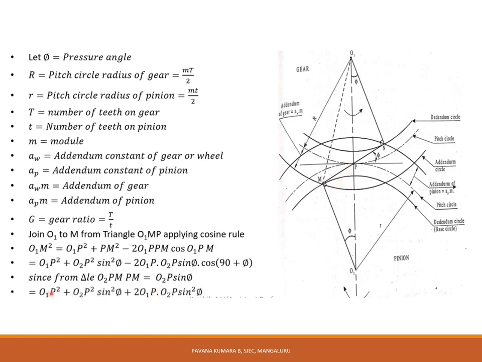Then O1P is nothing but capital R, so O1P square is R square, already written. Then O2P is nothing but small r. So we get R square plus r square sin square phi plus 2 R r sin square phi.